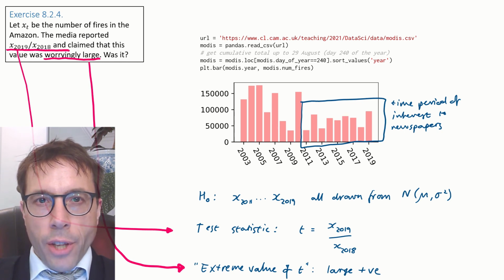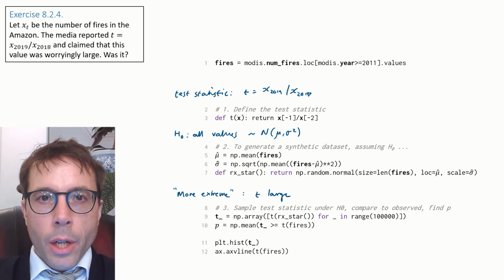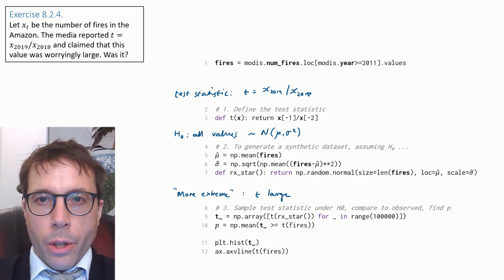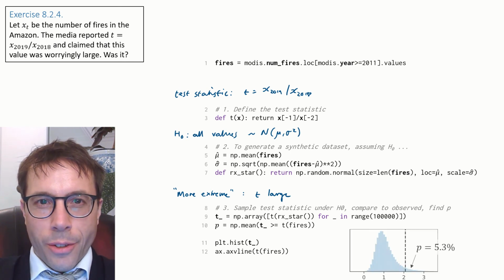Okay, now we've set everything up, we're ready to start coding. And here's the code. It's just the usual three-step Fisher procedure for testing hypotheses, nothing special. You should pause the video though and just make sure that all the code here makes sense. The only thing left is to write out what the actual answer is.